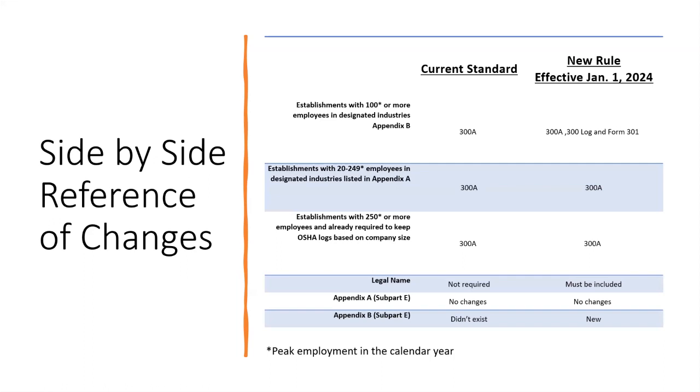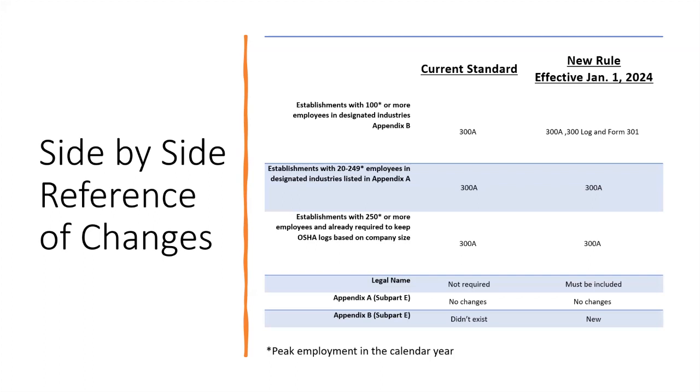Any establishment with 250 or more employees that is not partially exempt to the OSHA record keeping standard has had to submit their 300As. Establishments with 20 to 249 with designated industries on Appendix A had to submit their 300As. And these establishments with 100 or more for Appendix B have also had to submit their 300As.